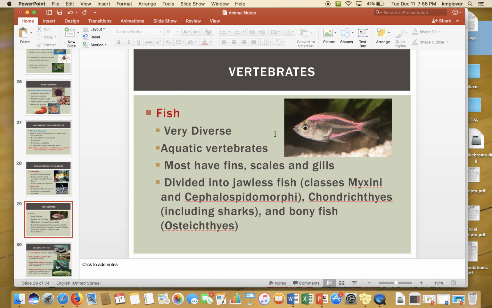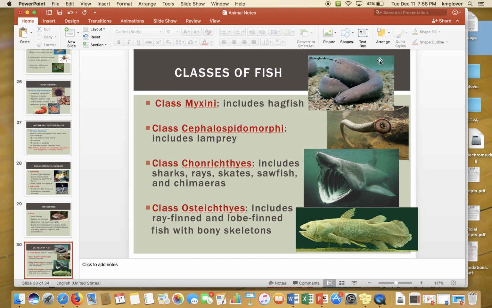They do not have jaws, so they look like this. But then finally you have your jawed fishes, which are your sharks, your skates, your rays, and then you have your Osteichthyes, which are your really, really bony fish. So you take a second and write down these examples. And then you can turn to the back and we are almost done.